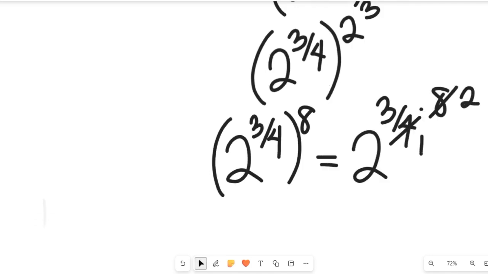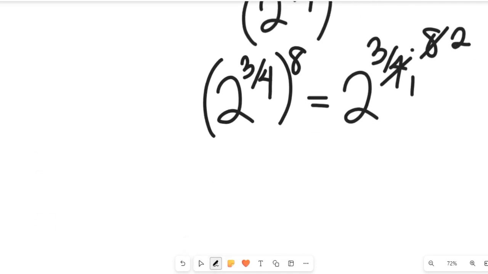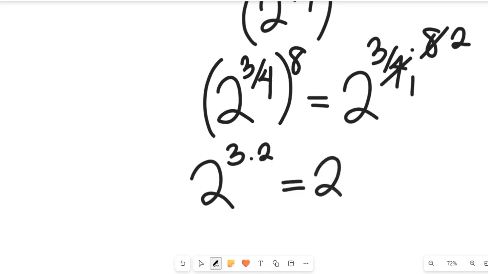So that expression will now give us 2 to the power of 3 multiplied by 2, and this will be equal to 2 to the power of 6. Now 2 to the power of 6, is it equal to 64? Sure, 2 to the power of 6 is equal to 64.